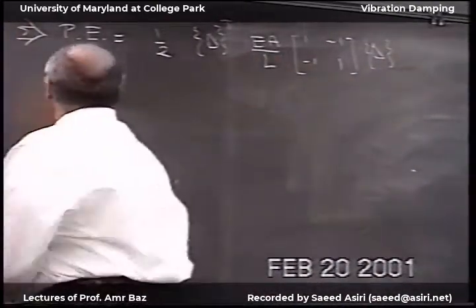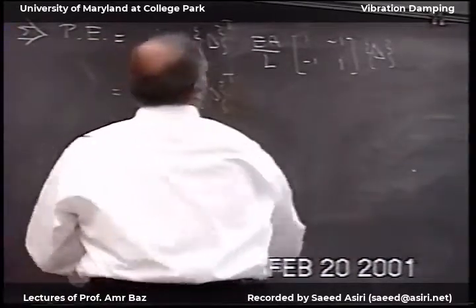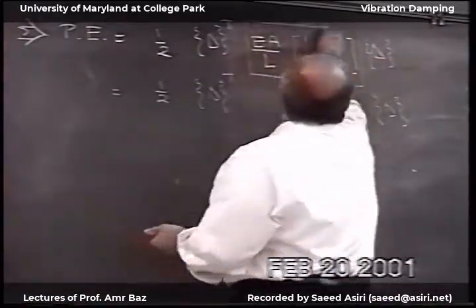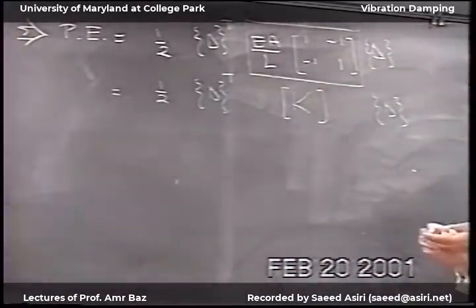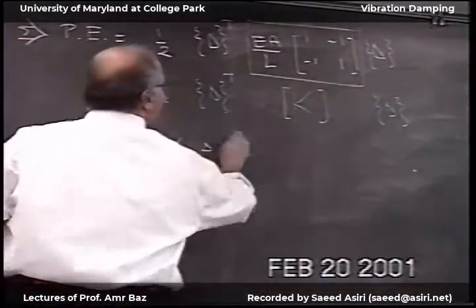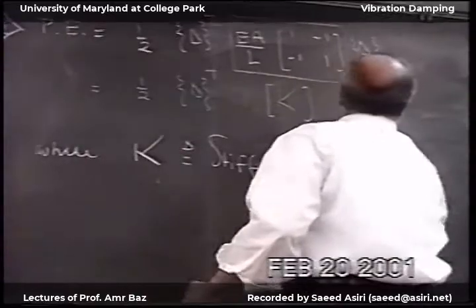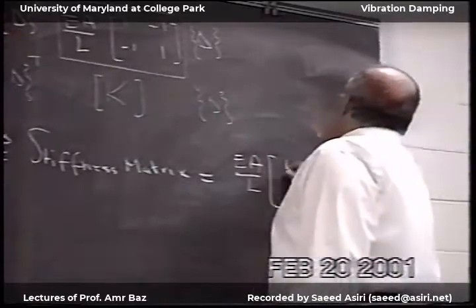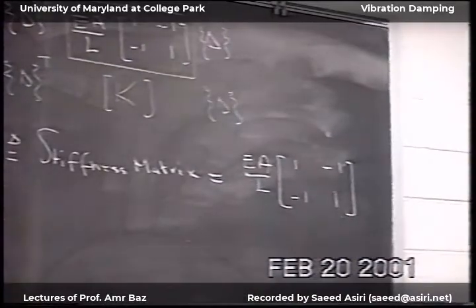And I can rewrite this as 1/2 delta transpose, and then replace all this by stiffness matrix K. Okay, now we'll say here where K is the stiffness matrix. This is now equal to EA over L, [1, -1; -1, 1]. We've done this in the vibration class.